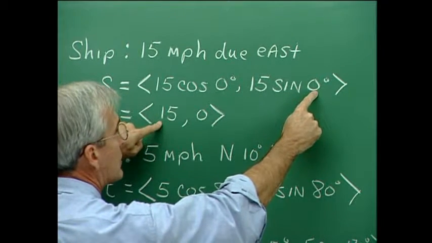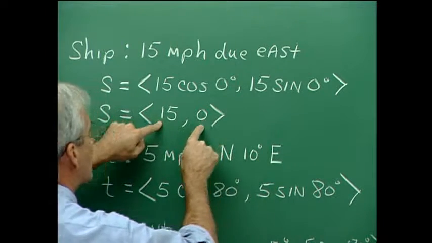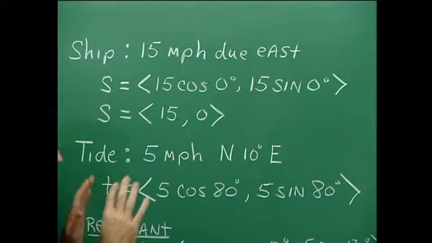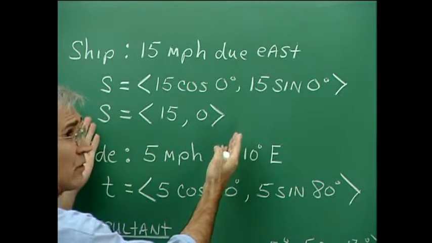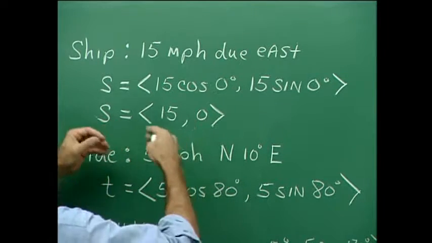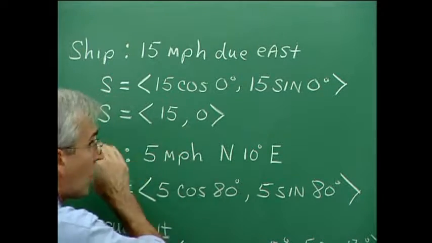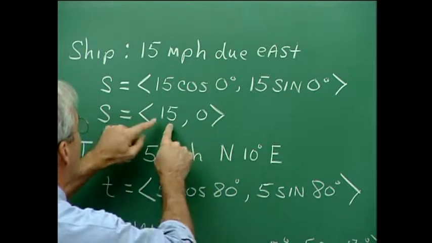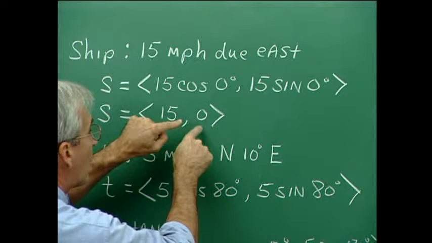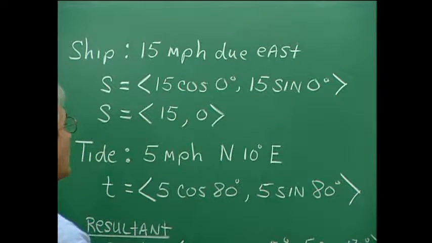Sine 0 degrees is 0. 15 times 0 is 0. And just intuitively we would expect this for the component form of the ship vector, because after all the ship is going due east. So the horizontal component would correspond with its magnitude, and the vertical component would be simply 0.